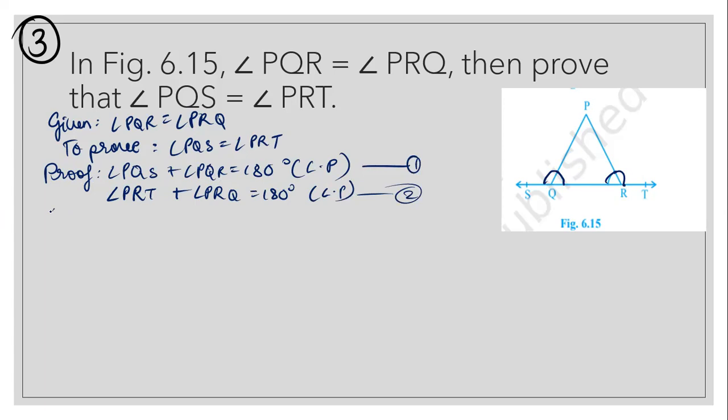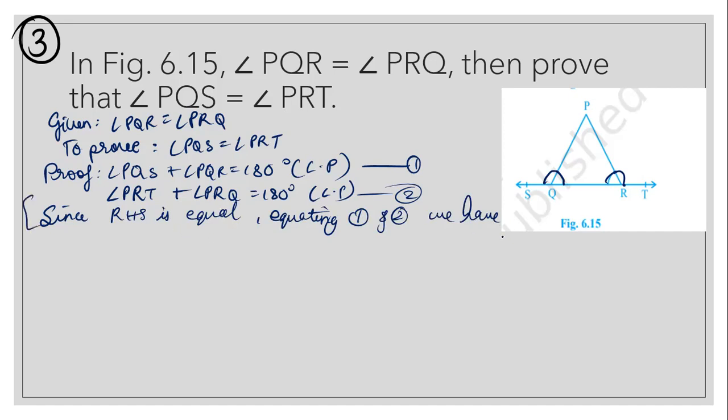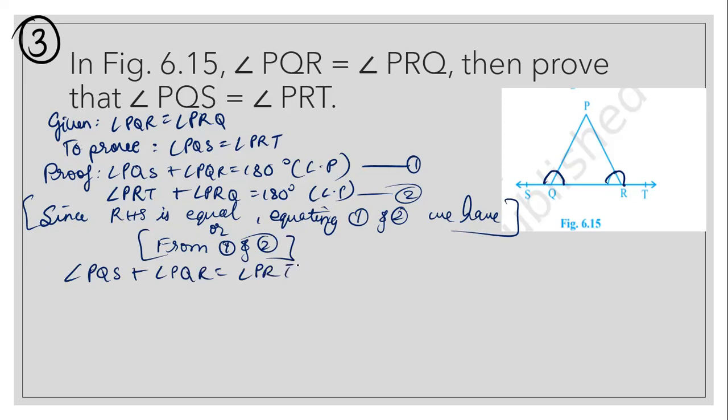Equation number 2. Since RHS is equal, equating 1 and 2, we have, or instead of this statement, you can write from equation 1 and 2. You can just write this as well instead of writing this. Okay, so we have angle PQS plus angle PQR is equal to angle PRT plus angle PRQ.